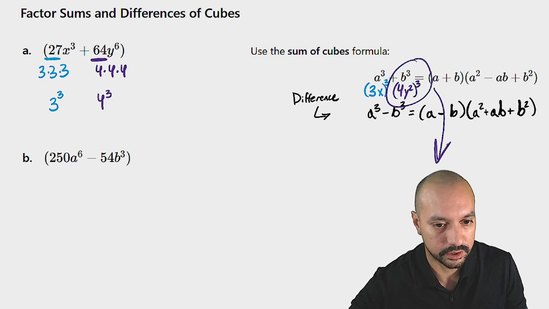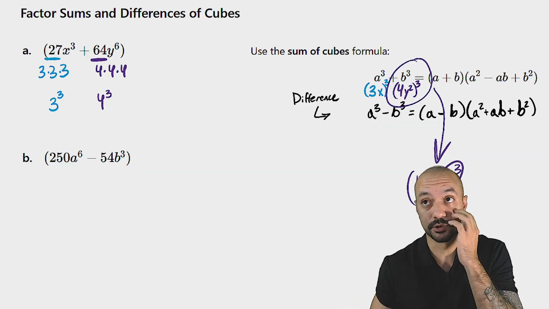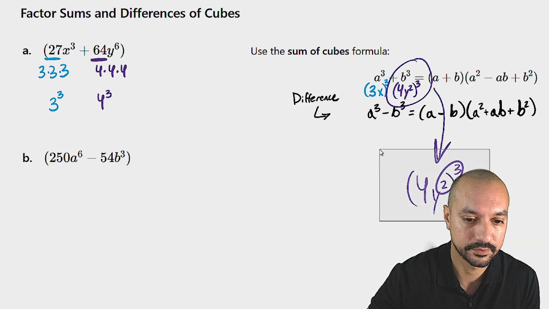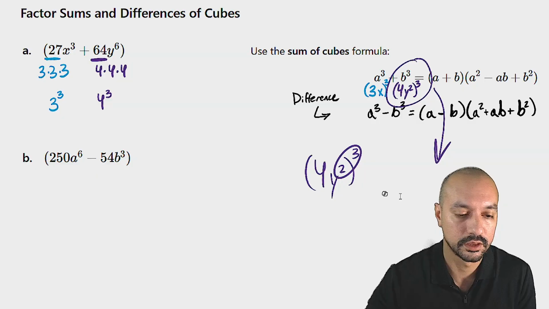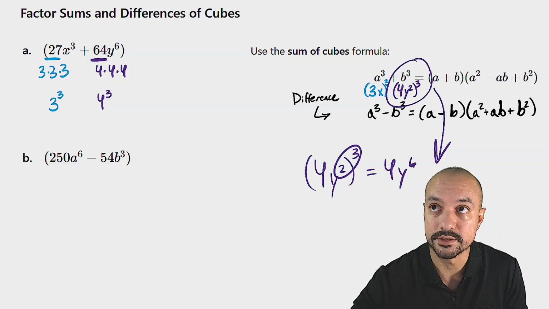Real quick, 4 times y squared to the third power. We can multiply these exponents here. Whenever you have a power to a power, you multiply the exponents. So that's the same as 4 times y to the sixth.